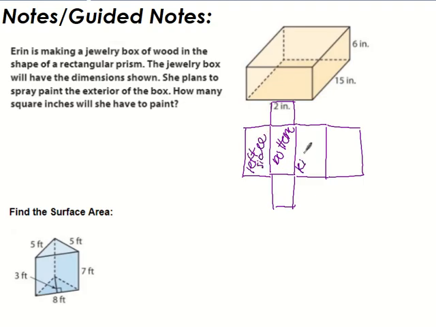And this is the right side. And then this is the top. And then this is the front. And this is the back. That's how you can think about it. It's every little piece that makes the outside of a shape. Okay? So you can see we would need 1, 2, 3, 4, 5, 6 different areas.